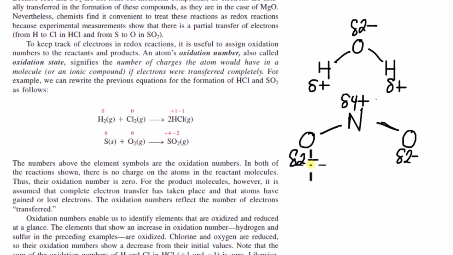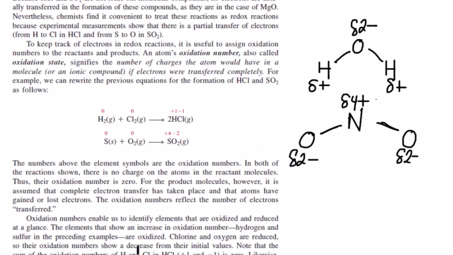But when it comes to oxidation numbers, the degree of polarity doesn't matter at all. You're just asking the question, is this molecule polar or isn't it? That's the first thing you're going to ask. Polar to any degree.